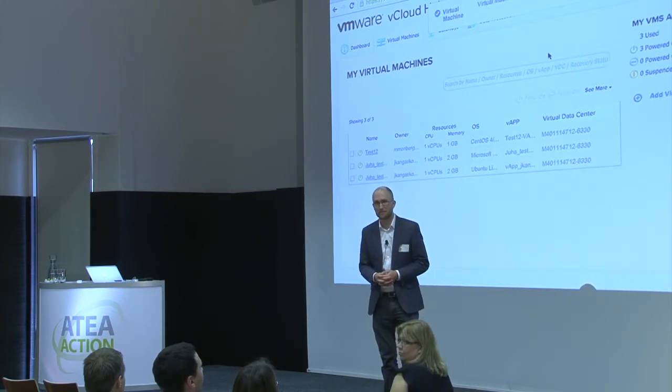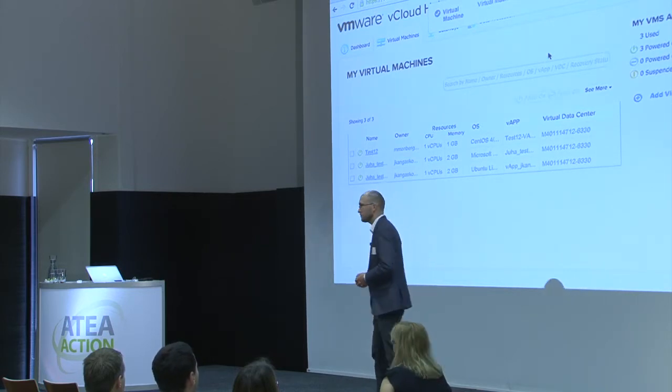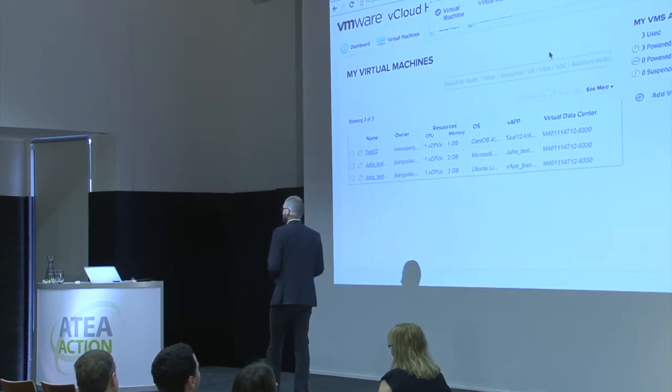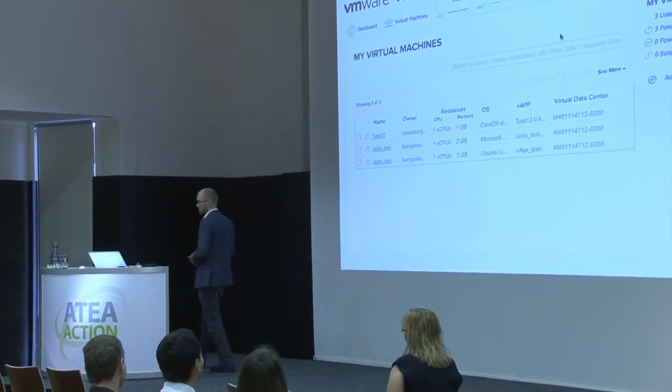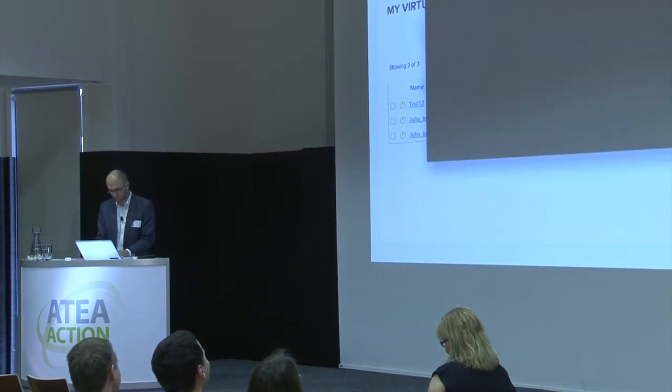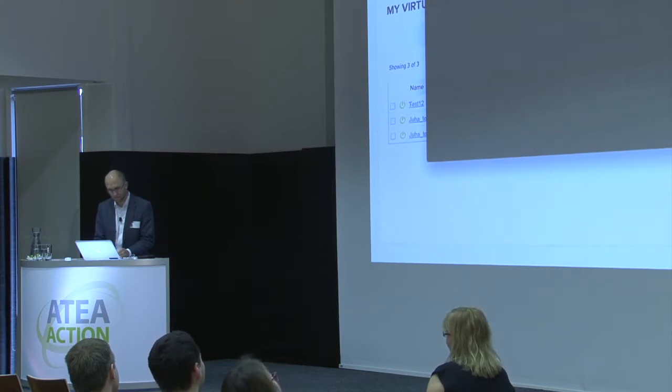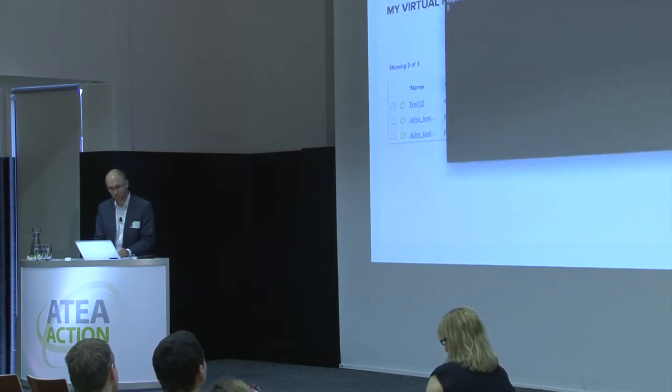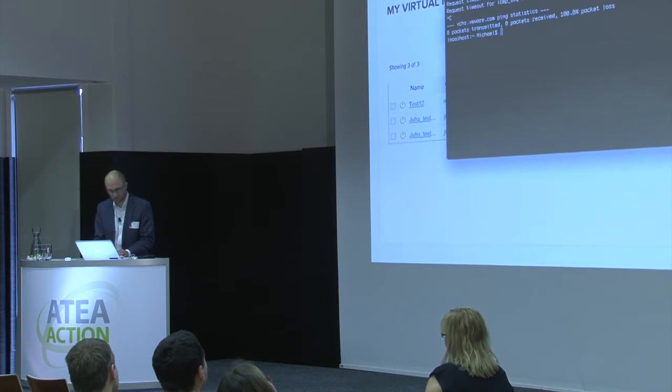How long is the response time? Let me try. So, ping vchs.vmware.com. This data center server that you're running? Oh, this is from my computer, but it's not open for ping.